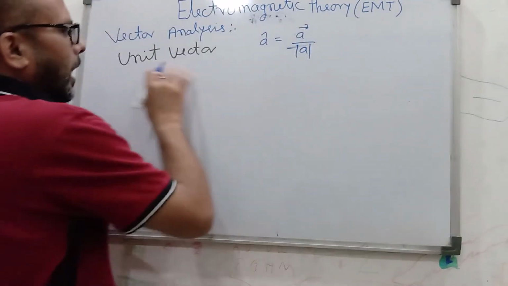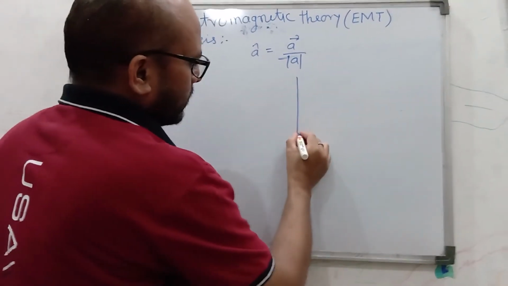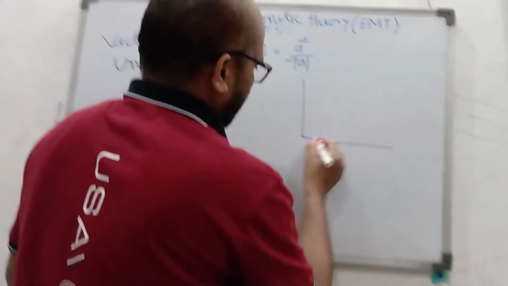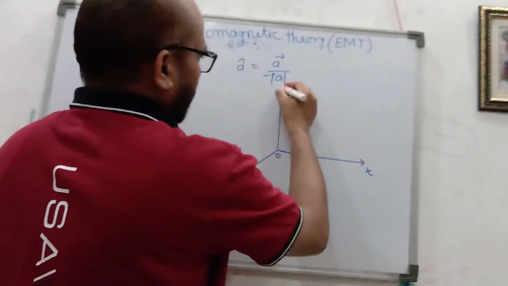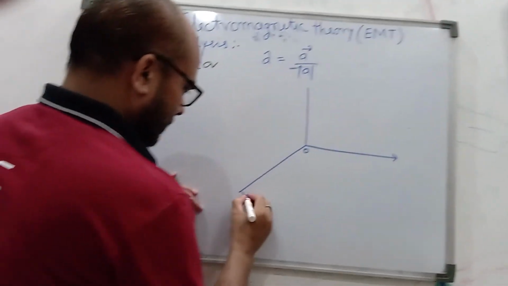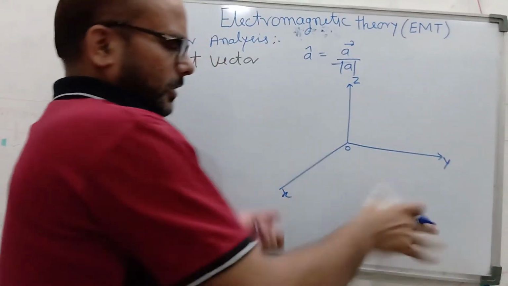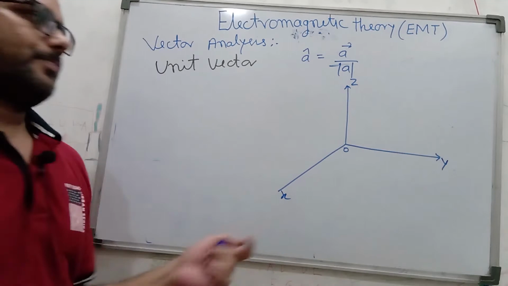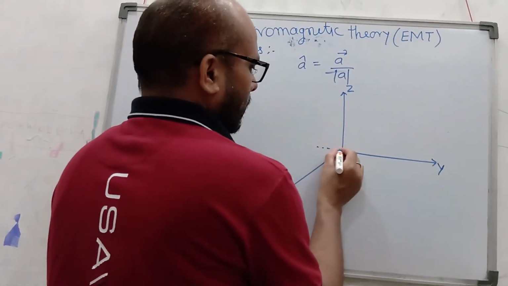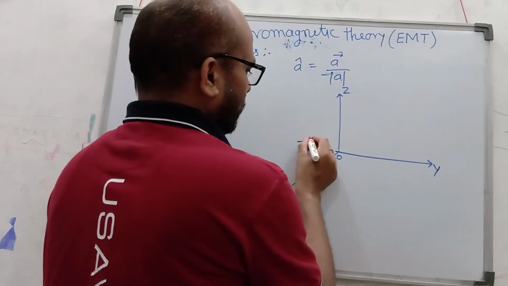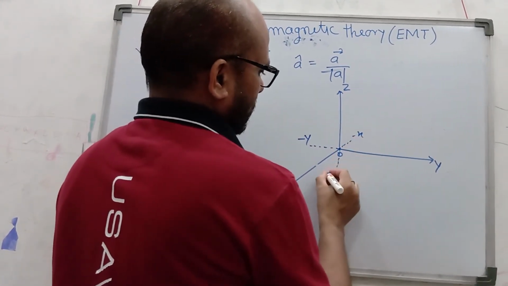To draw the 3 dimension picture: origin, x axis, y axis and z axis. Here it is represented conveniently, the xy plane, with x axis, y axis and z axis, and here minus x, minus y, and minus z.